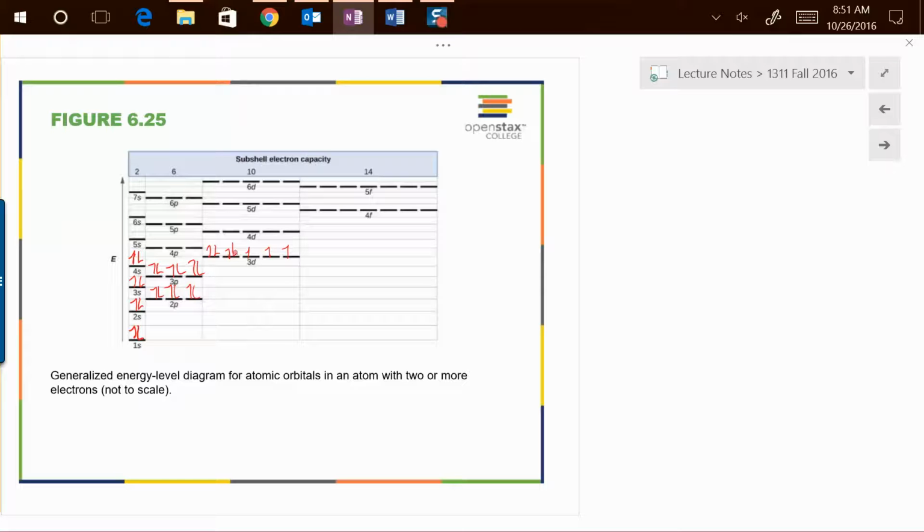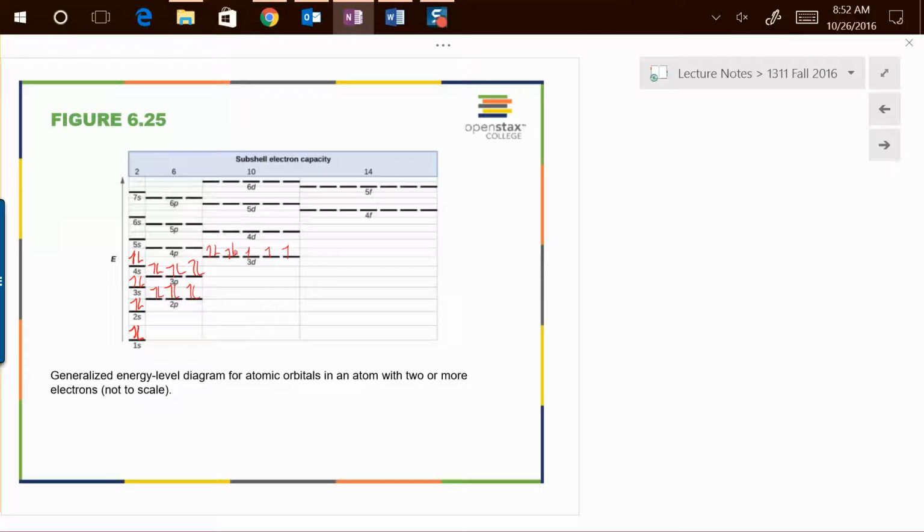Okay, so this would be the orbital energy diagram for cobalt. Okay. And then I could always just continue onwards.